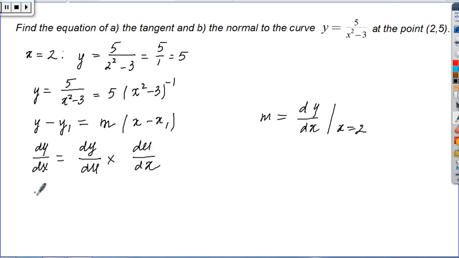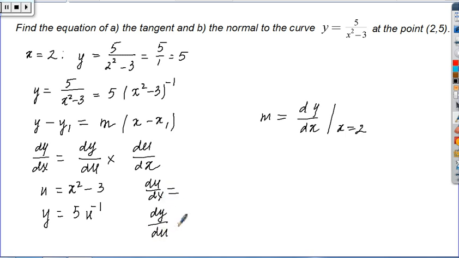Okay, so let's find our u. So our u is going to be x squared minus 3, then y is going to be 5u to the power of minus 1. Alright, now we need to find du by dx and dy by du. du by dx is 2x, dy by du is minus 5u to the power of minus 2.